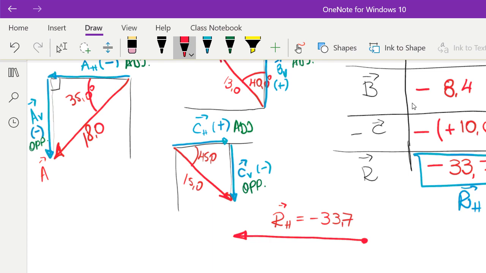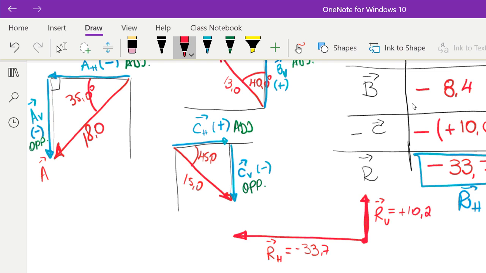And the vertical component, since it is positive, will go up. So the vertical component is positive 10.2.